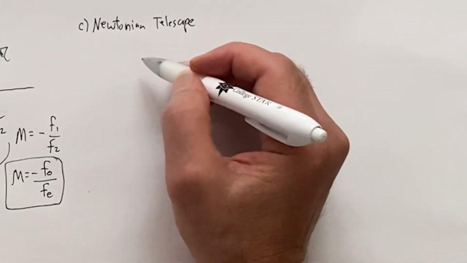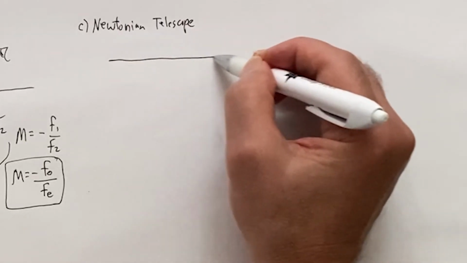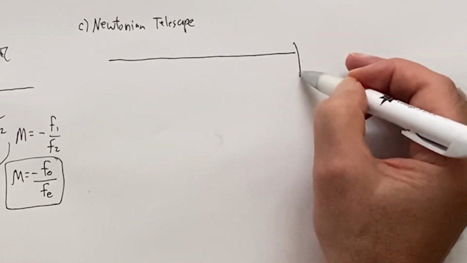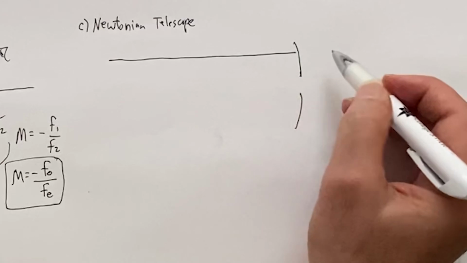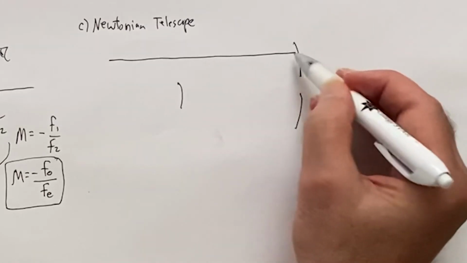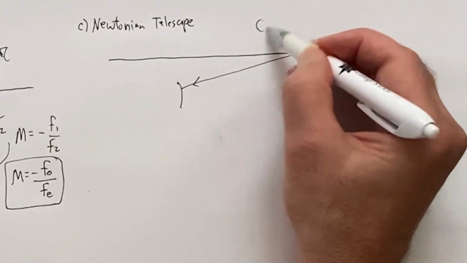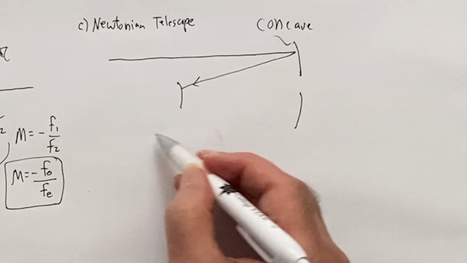So the Schmidt Cassegrain telescope, we got the light coming in, and we're going to hit here a curved mirror that's going to reflect things to a convex. So this is a concave with the hole in the middle.